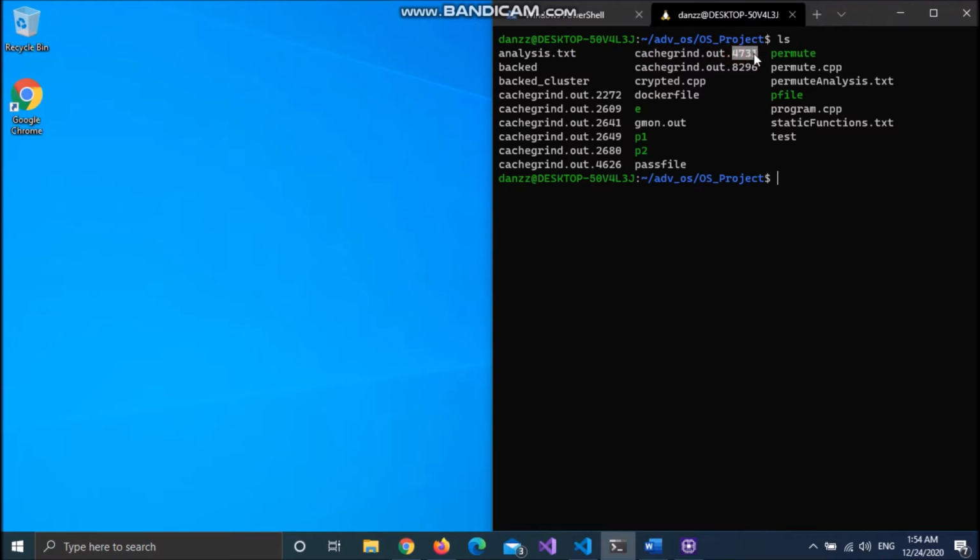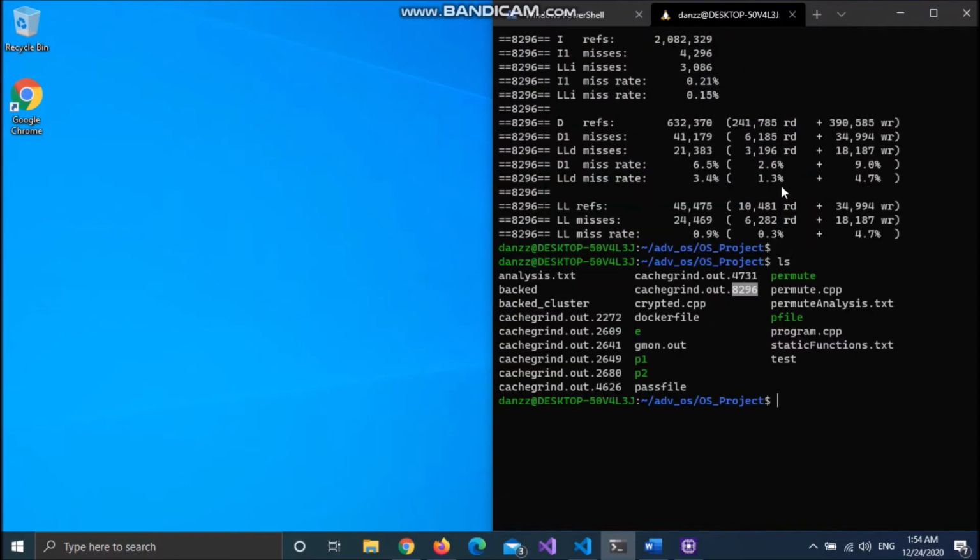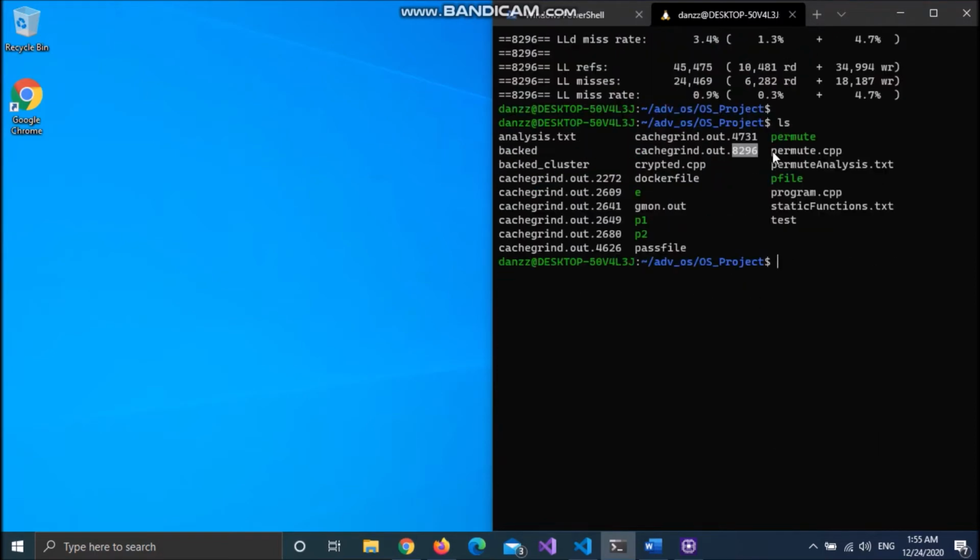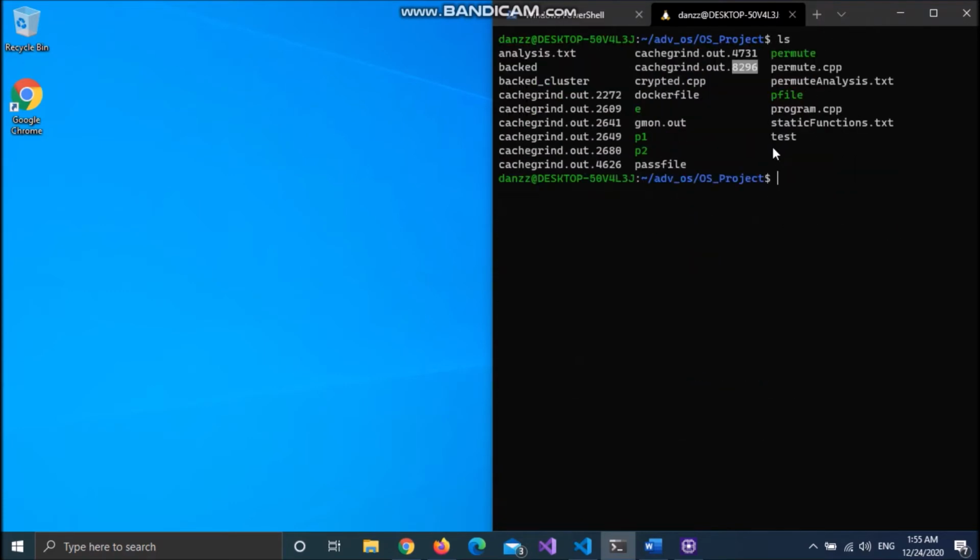This is actually the process ID of the process through which Cachegrind ran. So these can be very useful. This is a function that can be used to open these files.